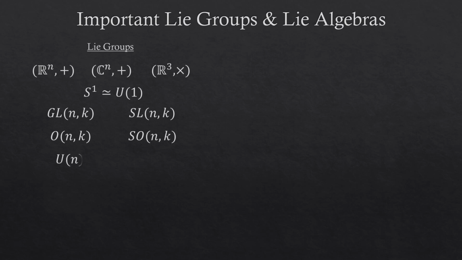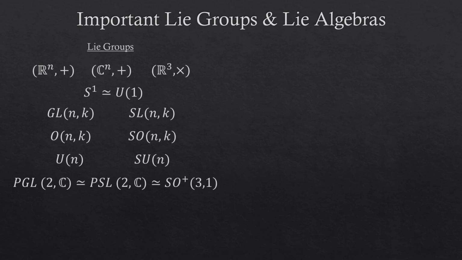And then we have the unitary group. This preserves a Hermitian form. And then we have the special unitary group that preserves the Hermitian form but with a determinant of 1. But then we have the projective general linear group PGL(2,C), which is isomorphic to the projective special linear group PSL(2,C), where C is the complex numbers.